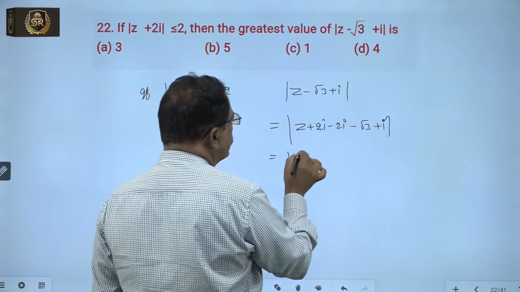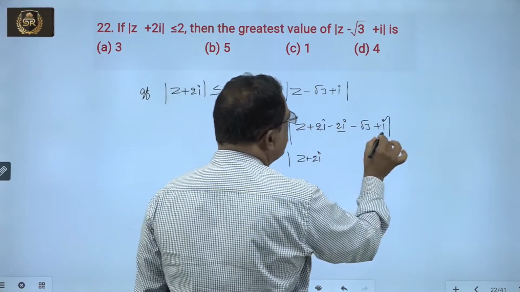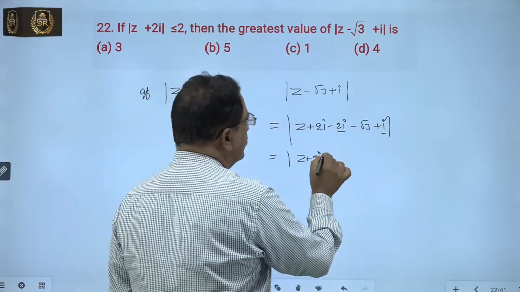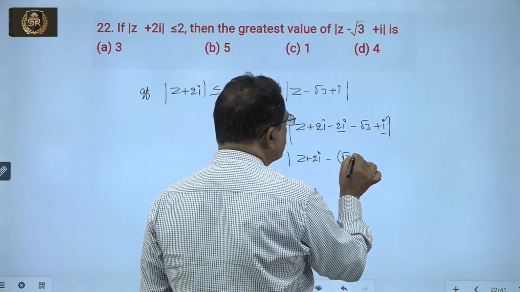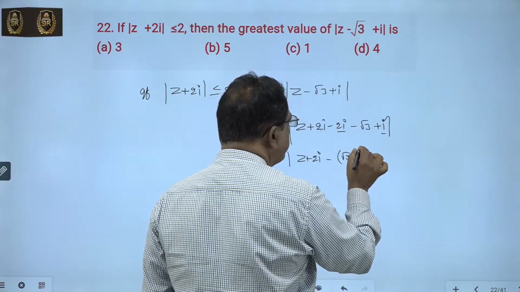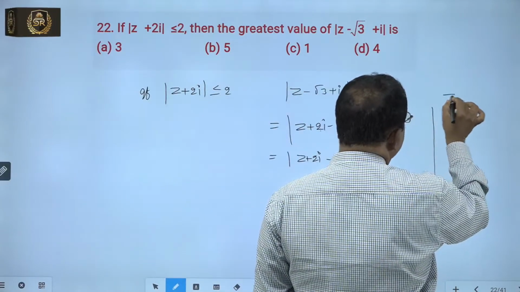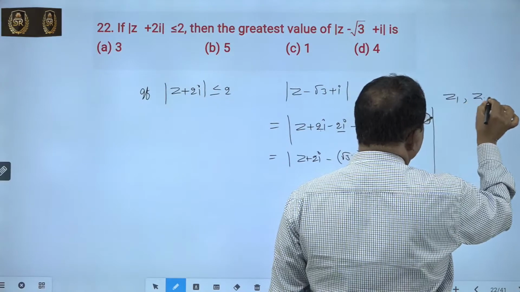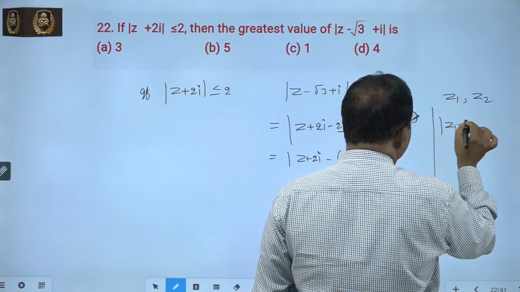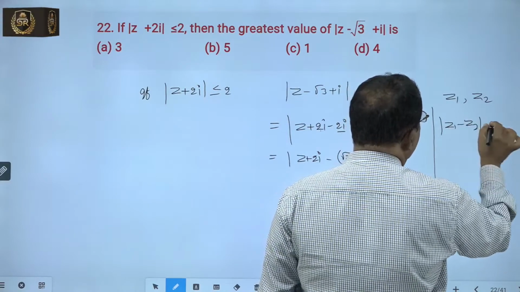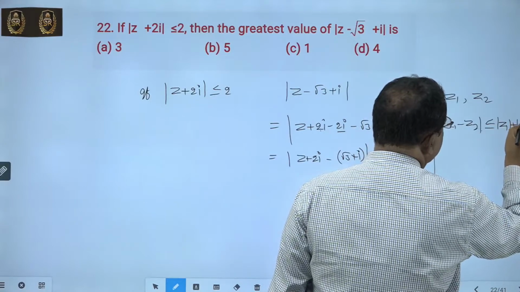Now that equals |(z + 2i) + (−2i + i − √3)|, that is, |(z + 2i) + (−√3 − i)|. Now suppose z1 and z2 are two complex numbers, then |z1 − z2| is always less than or equal to |z1| + |z2|.